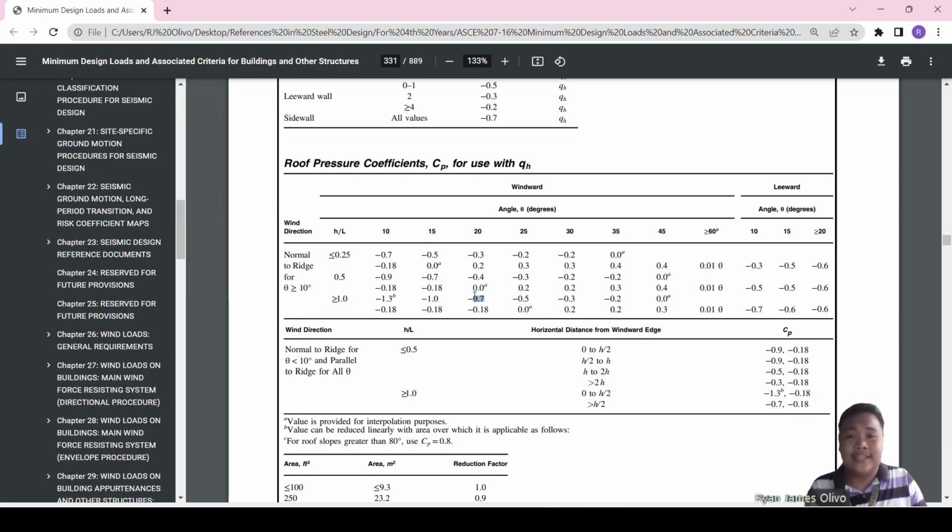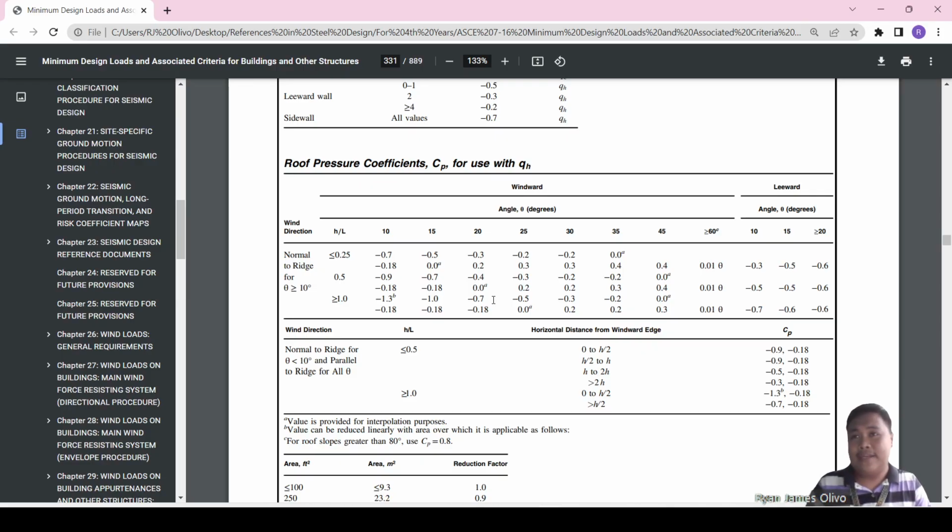As you can see here, we have two values that are both negative. Why not consider only negative 0.7? Do not consider only negative 0.7, because we have internal pressures. That is why wind load is bothersome to include in loading, but it is very important, class, that we consider both.